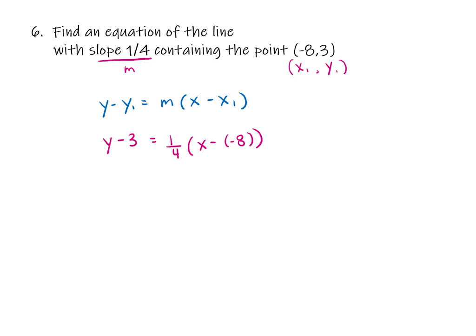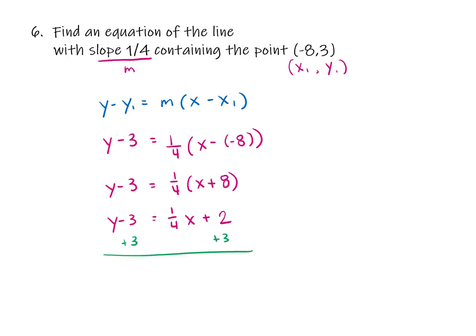And then you just want to simplify that. Making sure that you turn that to a positive when necessary. You want to distribute the slope. And 1/4 times 8 is 8/4, or just 2. And then adding 3 to both sides, we would get 1/4 x plus 5.